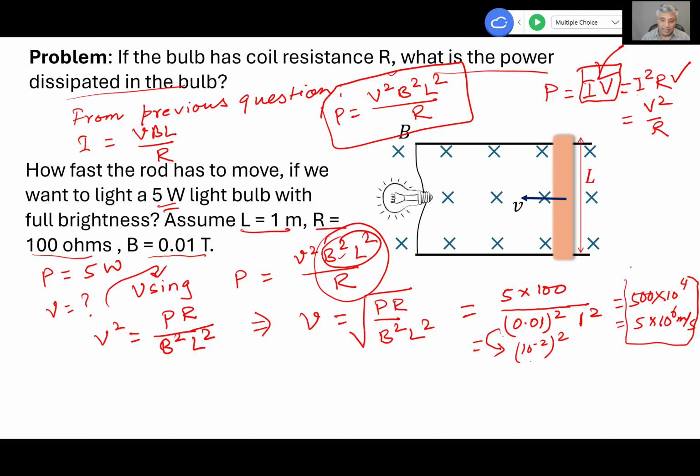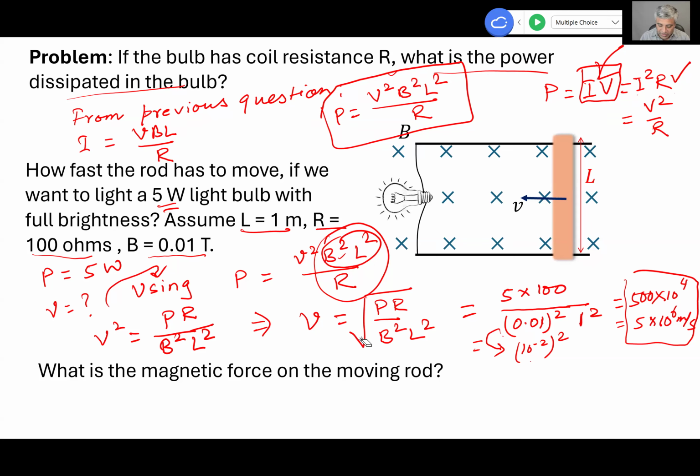Nothing can move this fast except light and some electrons. No object or material can move that fast. So this is not a practical method of generating electricity, but it gives us the basic principle.